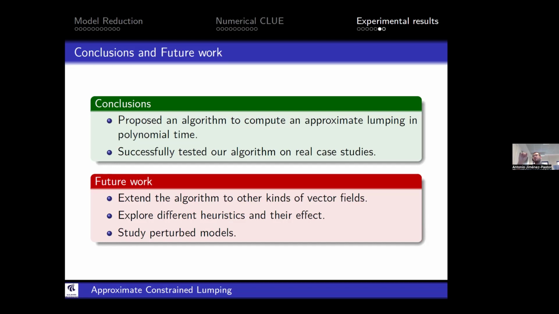So if you have some error in your system, it seems you can recover the true lumping out of the numerical CLUE with some epsilon, but we will need to work out how big the epsilon can be compared with how much error you make in the system. So there are many things to think about, and it's part of the future work.